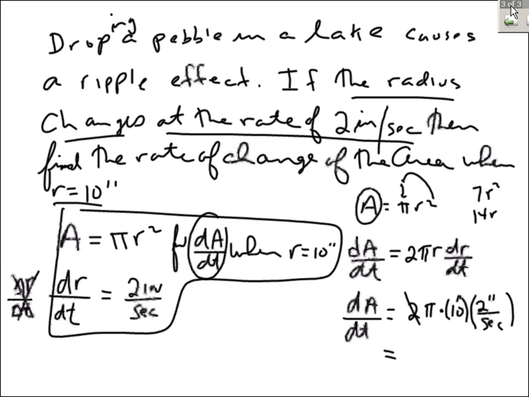Well, 2 times 2 is 4, times 10 is 40, times pi is 40 pi, square inches per second. So dA/dt is 40 pi square inches per second.